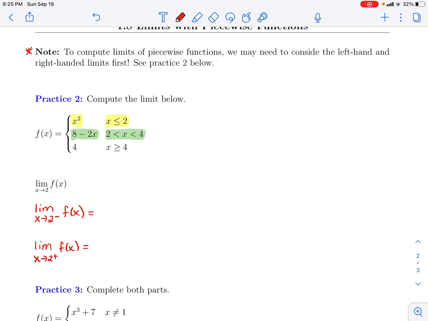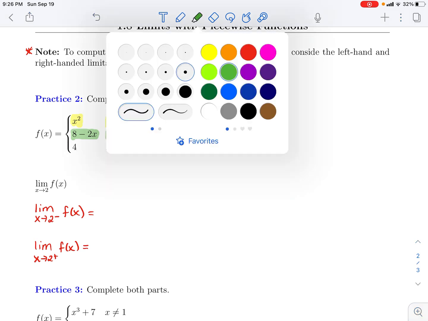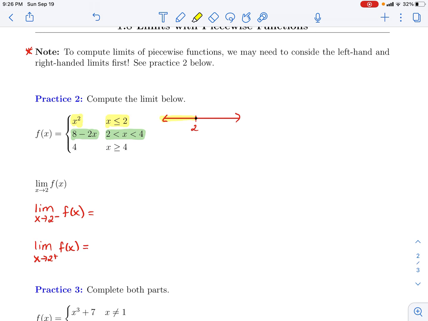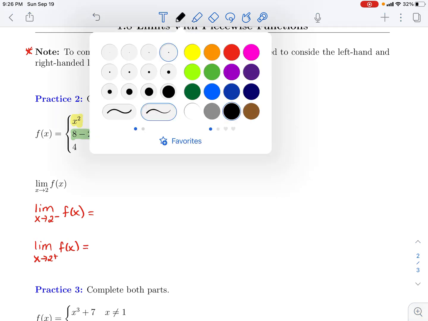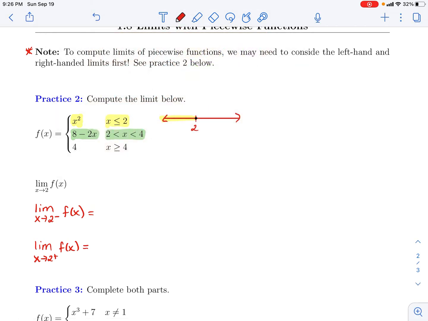Now what I'm going to do is draw a number line here to get us a little bit more comfortable with this. Here's my x value of 2. And what I'm saying is when x is less than or equal to 2, so I'm including this value here, everything to the left I'm going to highlight in yellow. Because when x is less than or equal to 2, I'm using x squared, and that's the piece I'm using when I'm to the left of 2 on the number line.